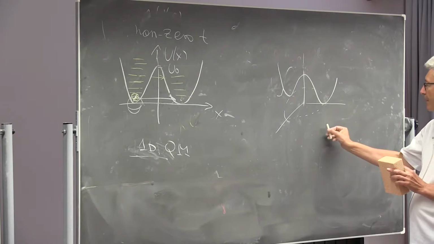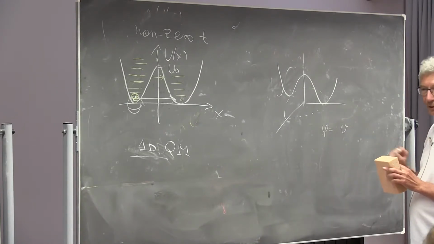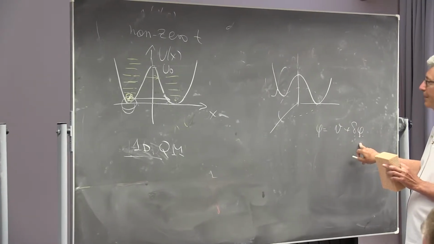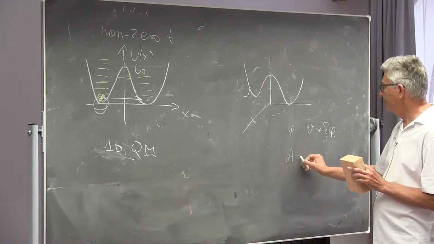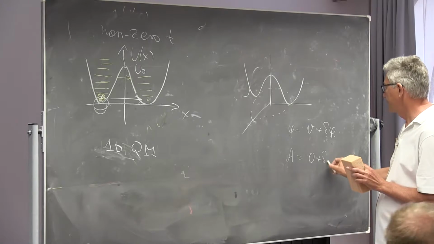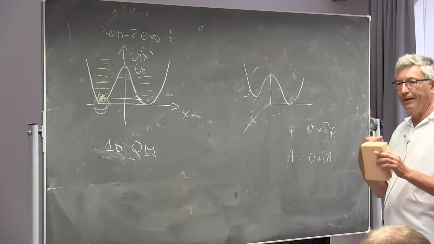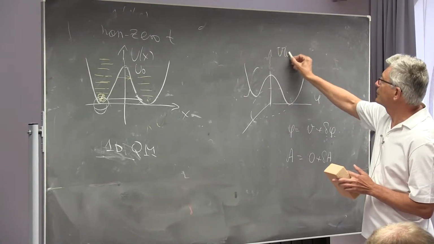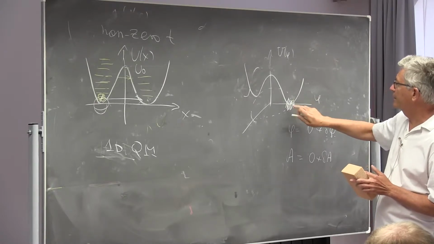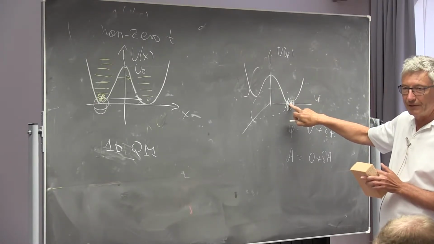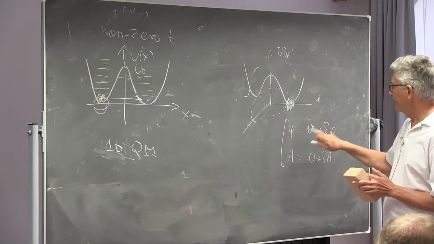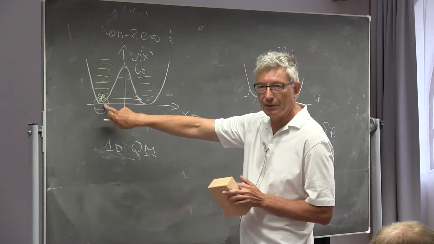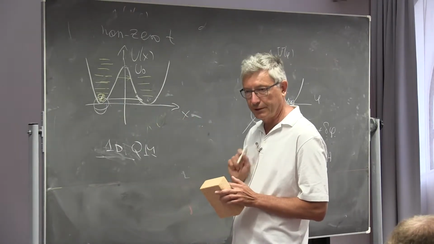We have the phi field, which is equal to v plus some small fluctuations, and our A field is 0 plus small fluctuations. We can visualize that as this is the potential for the field phi, and there are some fluctuations nearby this point. And then this configuration corresponds to some excitations around this vacuum in this quantum mechanical example.